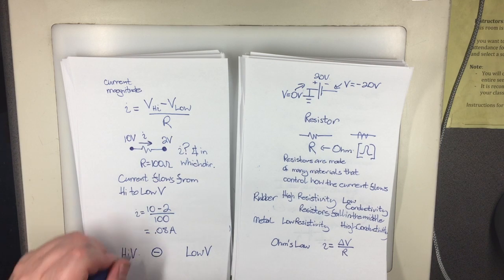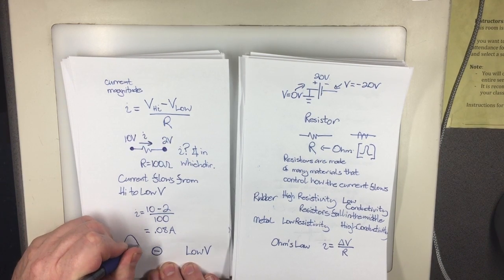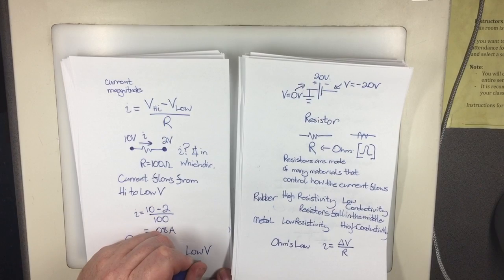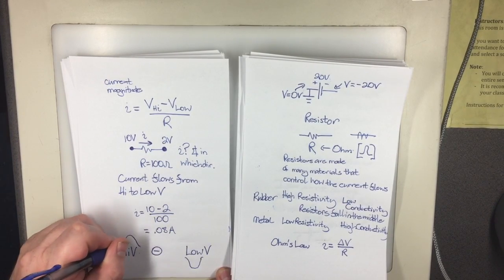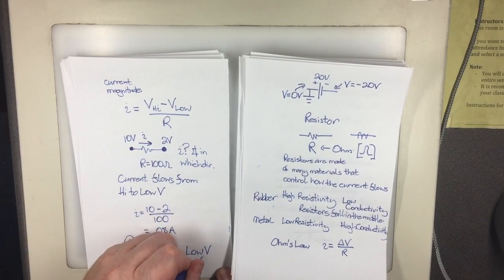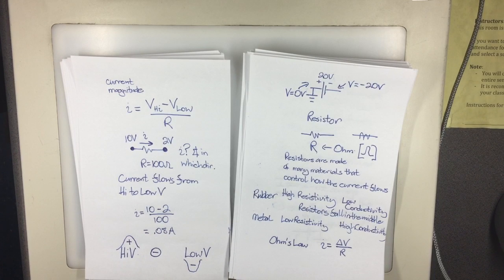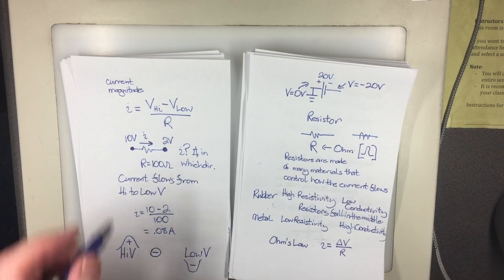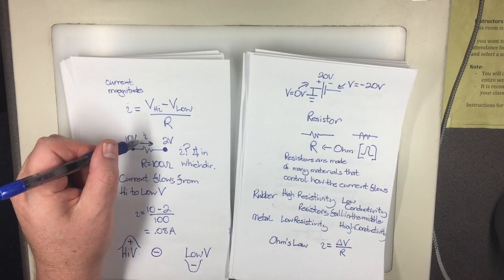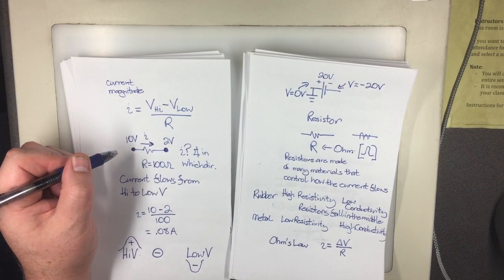Now remember, high potential is a lot like a hill. Low potential is a lot like a valley. High potential is like a positive charge. Low potential is like a negative charge. So which way does it move? It moves to the left. It moves to the higher potential. I've told you that current flows from high to low.